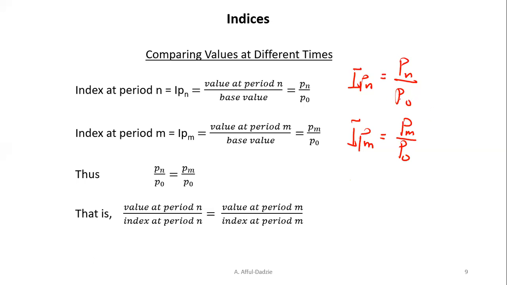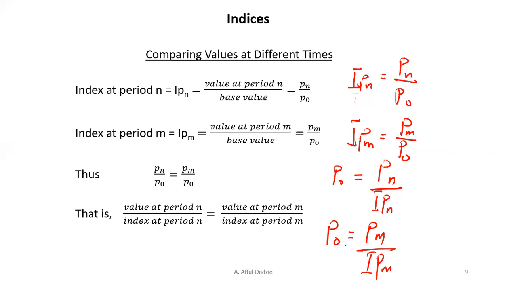So we can make P naught the subject. If I make P naught the subject, this is like saying I divide, this has a denominator of 1, I cross multiply. So at the end of the day, this is going to be PN over IPN. And if I do the same for the other one, P naught equals PM over IPM.